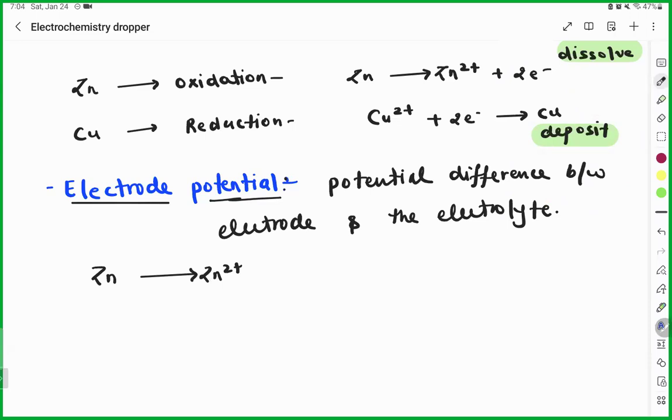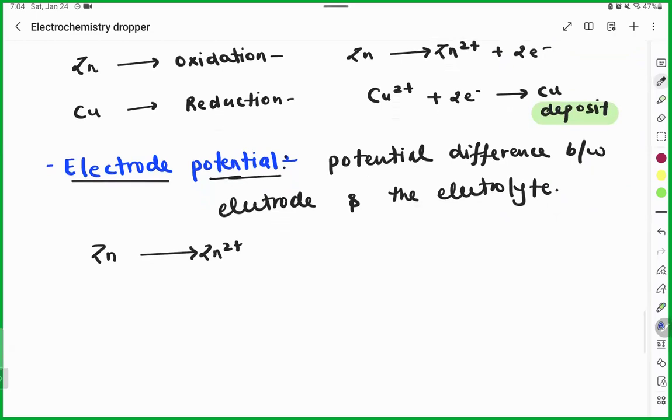Sir, if I got what you said, the definition of electrode potential is not the difference. It is mainly the tendency of the electrode to lose or gain electrons. When you say tendency to lose electrons, you are talking about oxidation, the loss of electrons.